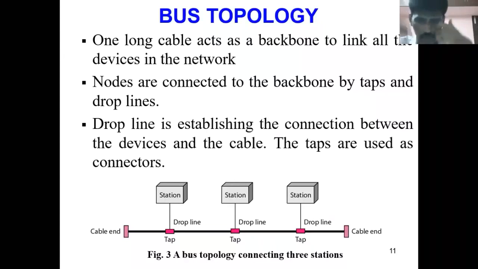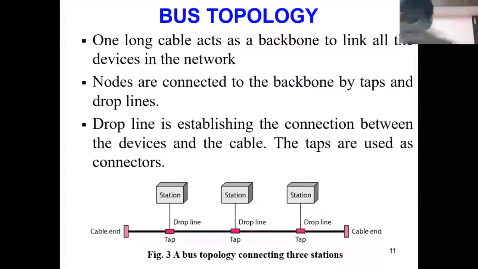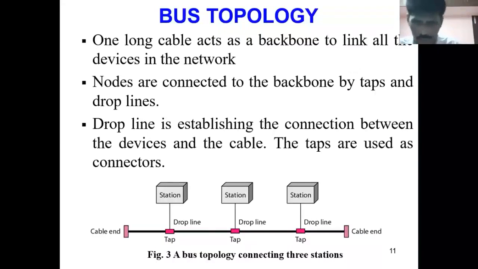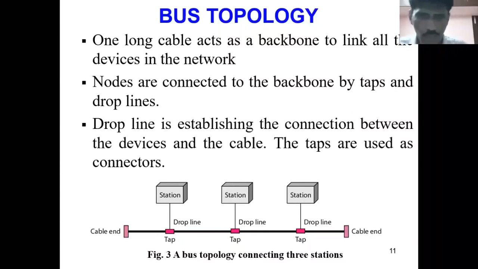Normally in a bus topology, the data is transmitted in one direction only. If the bus topology has 2 endpoints, then it is referred to as linear bus topology. These are some fundamentals about the bus topology. You can see in figure 3, there is one long cable acting as a backbone to link all the devices in the network.